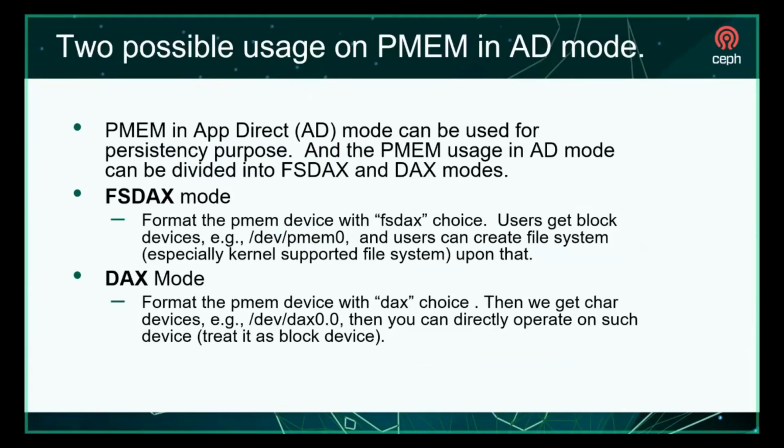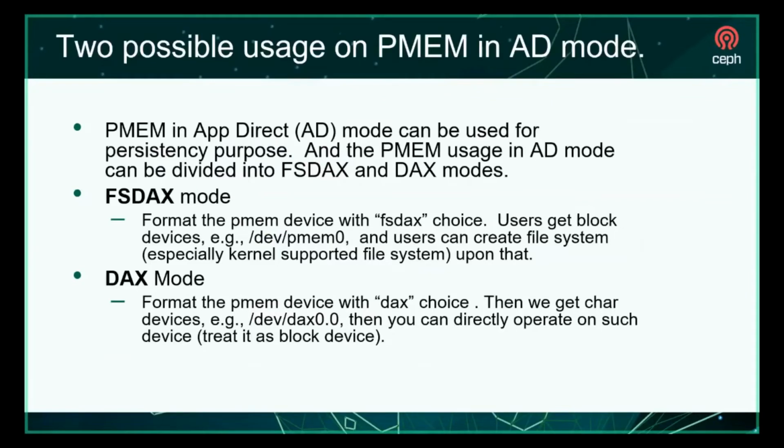For example, the first usage is FSDAX mode. It means that you format the persistent memory device with the FSDAX choice, and the users get block devices. For example, you can see a device named /dev/pmem0 in the host, and the users can create a file system, especially a kernel-supported file system, upon that.